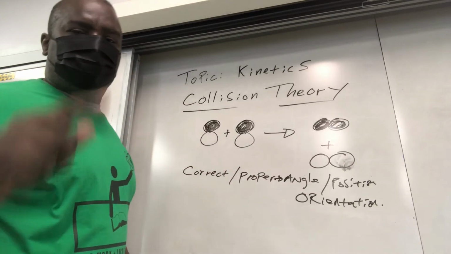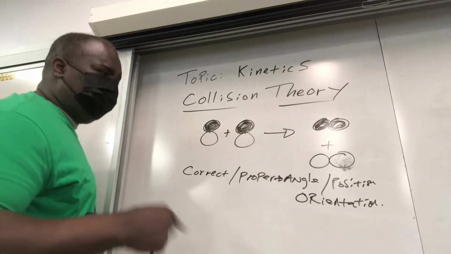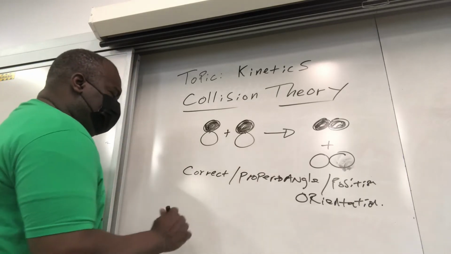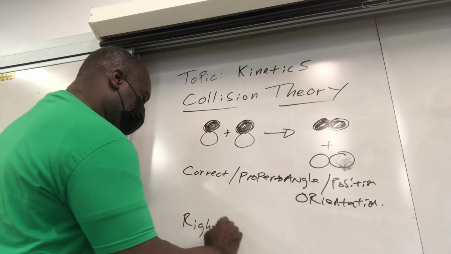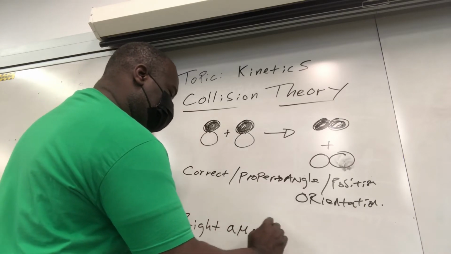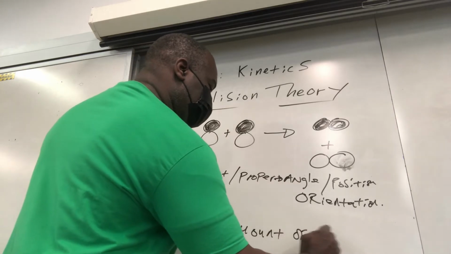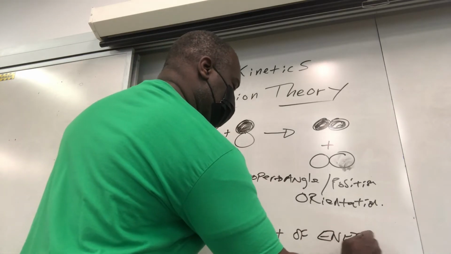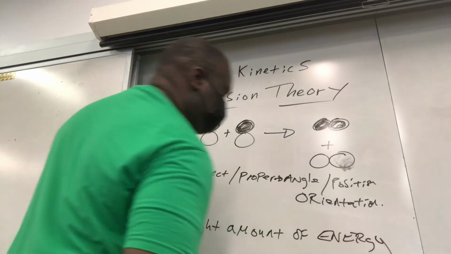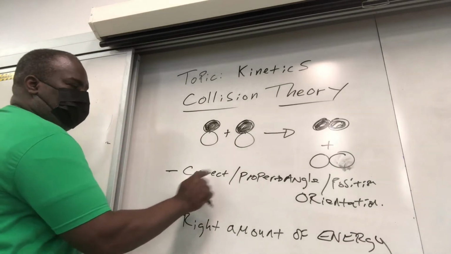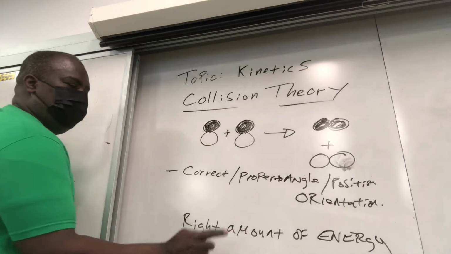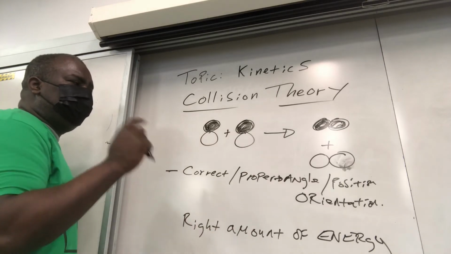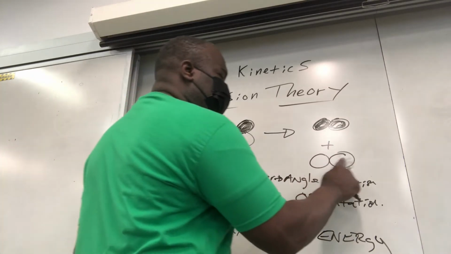And also importantly, as important or even more importantly, you need the right amount of energy. Okay, all right. So, correct, proper angle, position, orientation, and the right amount of energy are needed for a successful reaction.